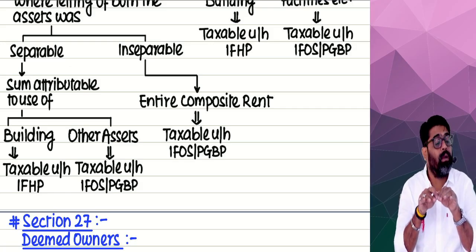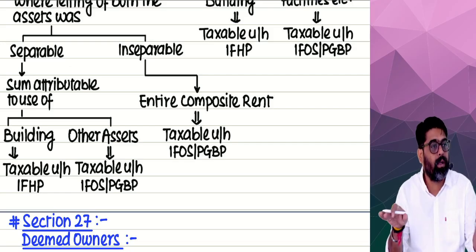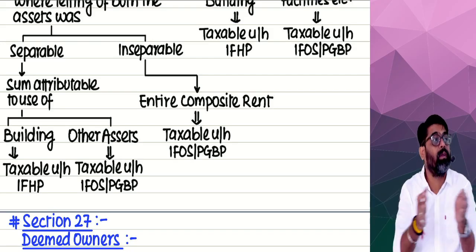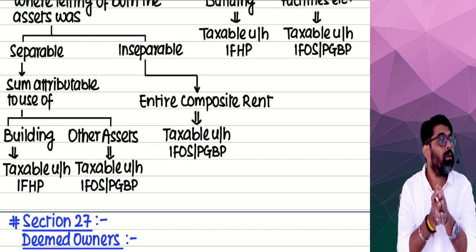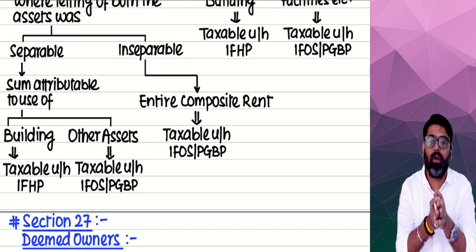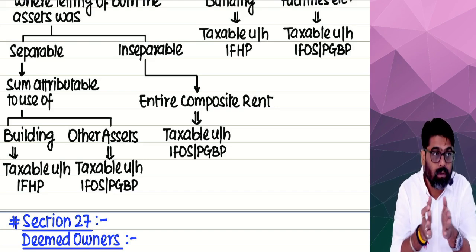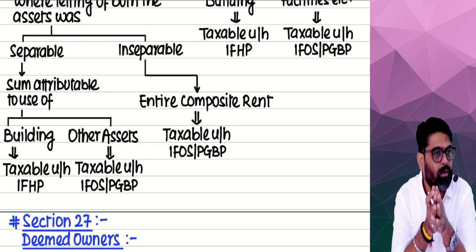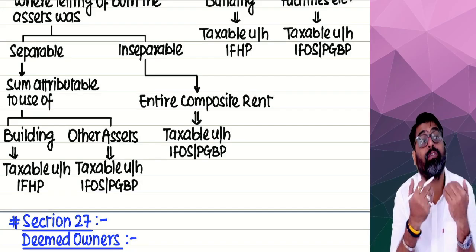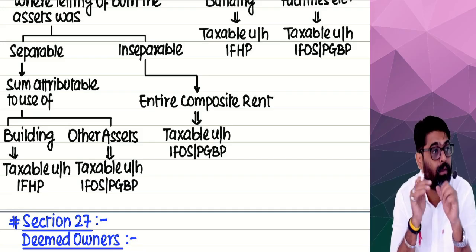So the lettings were separable, but you are not letting them out separately; you are giving them together.